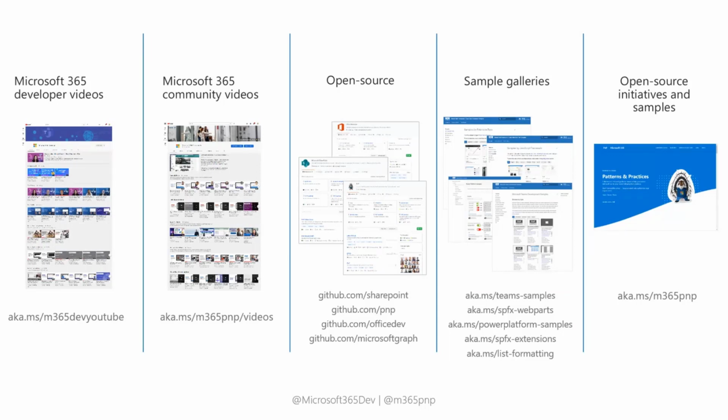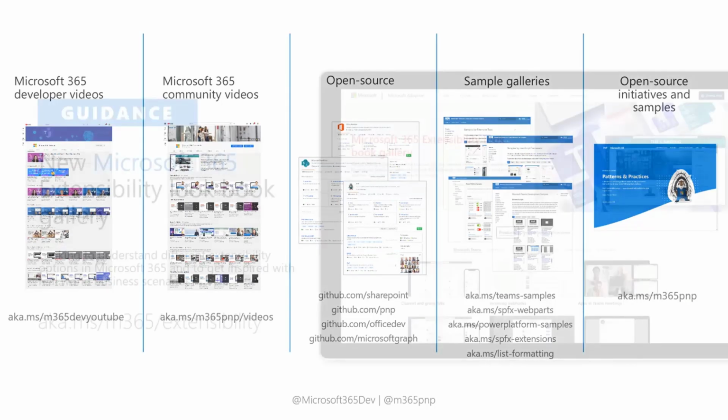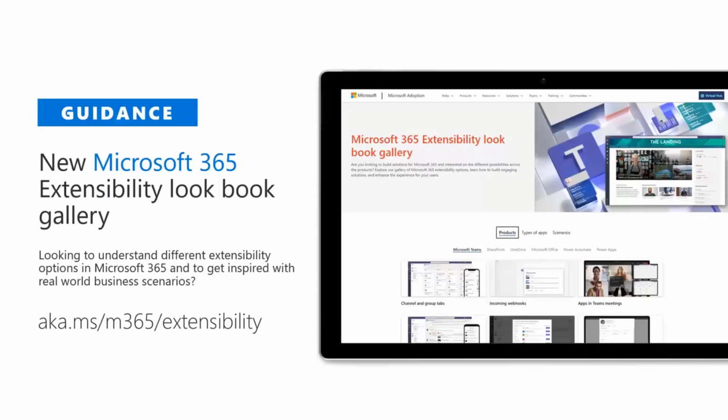And of course, if you're looking for a one-stop shop on how you can find all of these wonderful things, you can take a look at aka.ms/m365pnp. That is the primary landing page for open source initiatives and samples within the Patterns and Practices umbrella. Extensibility within the Microsoft 365 ecosystem is fantastic and available.